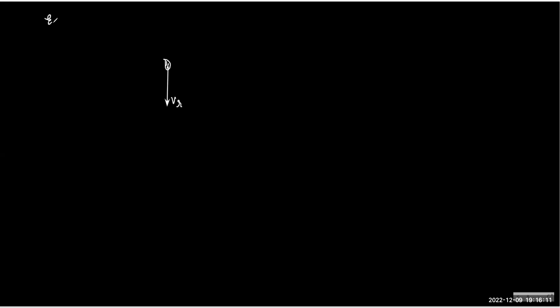So this is, let's say, example 1. And here is the man. So the raindrop is moving vertically downward, and the man is walking horizontally. So how is the man walking? Horizontally. So now this is particle 2, you can think. This is particle 1.